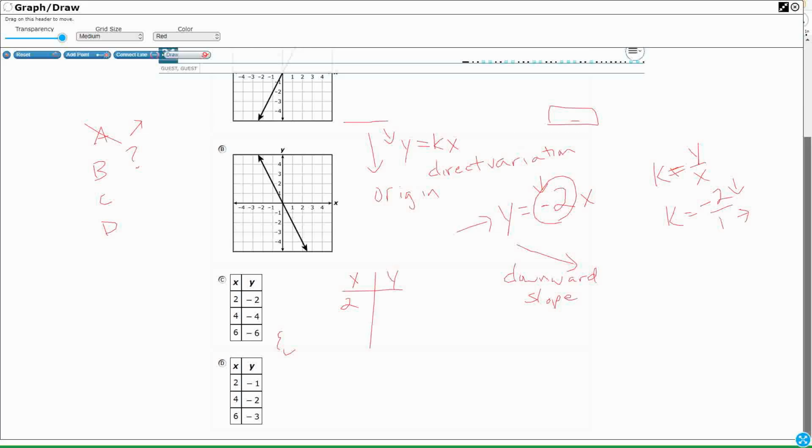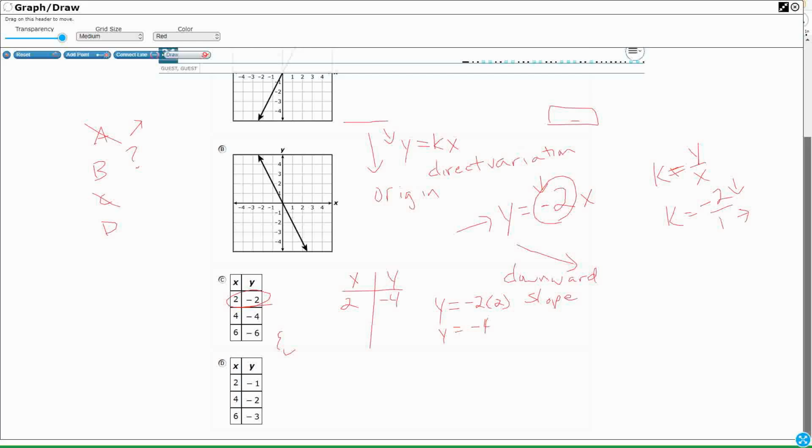I'm just going to plug in my 2. y equals negative 2, and I'm going to plug in the 2 for my x, and that makes y equal negative 4 because negative 2 times 2 is negative 4. You see how I'm already off? The 2 doesn't get me the negative 2. The 2 gets me a negative 4, which means C is not going to work.